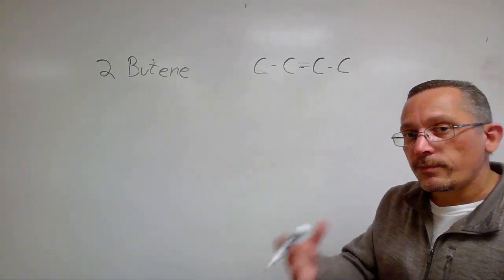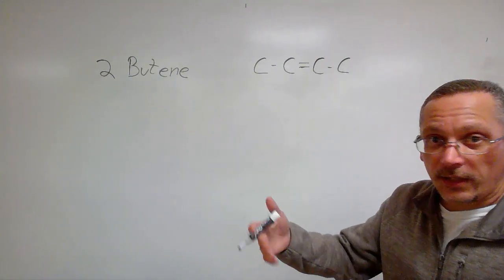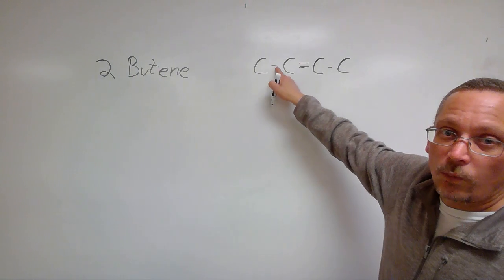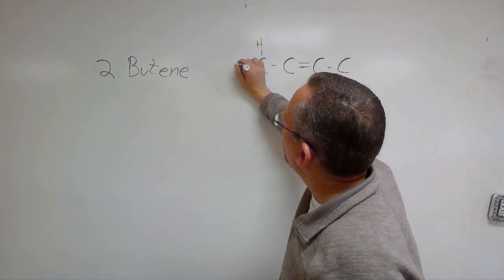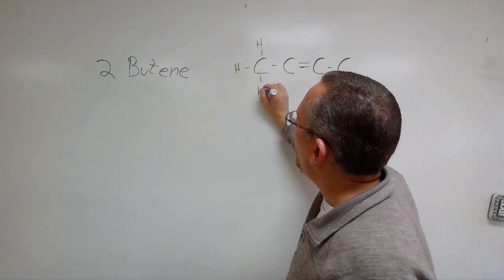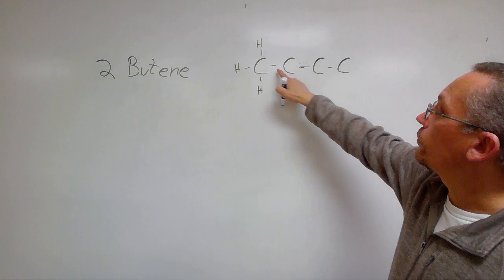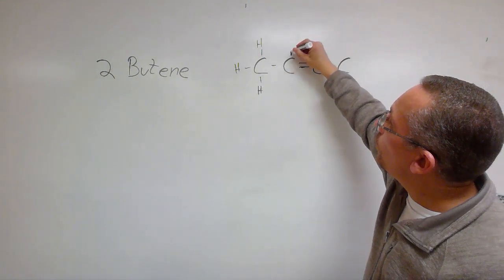Now let's go through and make sure that all of our carbons have 4 bonds, filling in hydrogens wherever we don't have 4 bonds. So this carbon only has 1 bond. So I'm going to add a hydrogen, and a hydrogen, and a hydrogen to make it 4. This one has 3 bonds. Here's 1, 2, 3. So this carbon needs 1 more hydrogen.